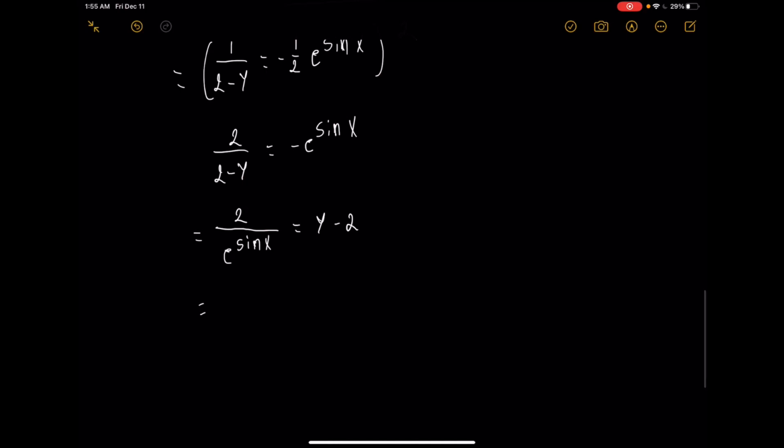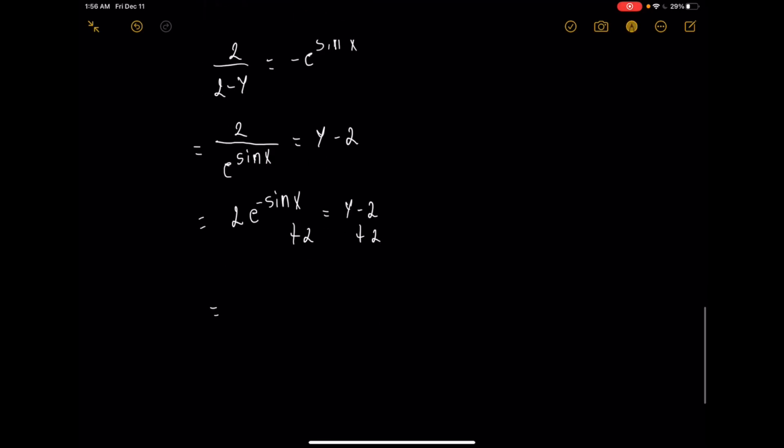So once this happens, we'll have 2e to the negative sine of x, which is then equal to y minus 2, which we can do a plus 2, and the particular solution to this differential equation will be 2e to the negative sine of x plus 2.